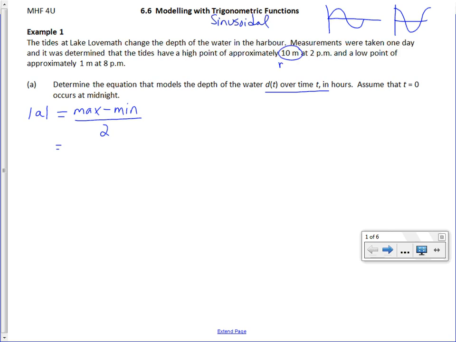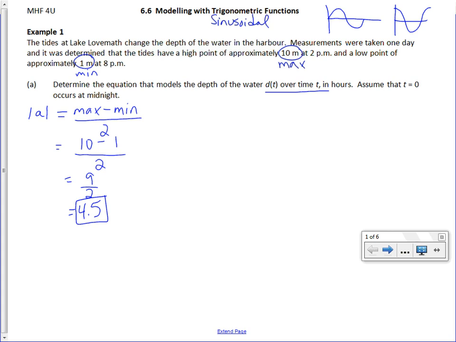There's the max. What's the minimum depth? 1. That's your min. So A and C are findable by just plugging into this formula. So 10 minus 1 all over 2. 4.5. Yep. There it is. I have that the magnitude of A is found.